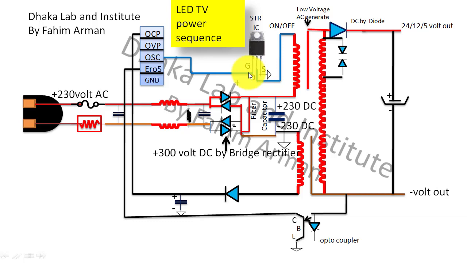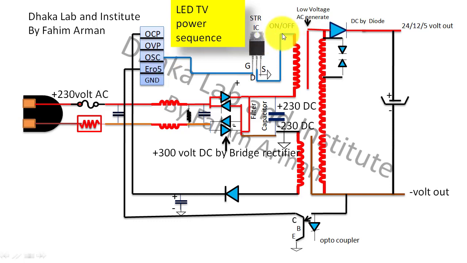So from the drain, the MOSFET will be switched on by this drain pin, and this MOSFET will be switched on at the gate by this IC.